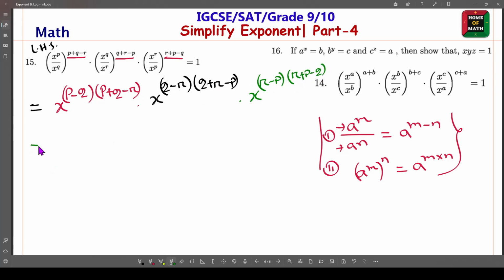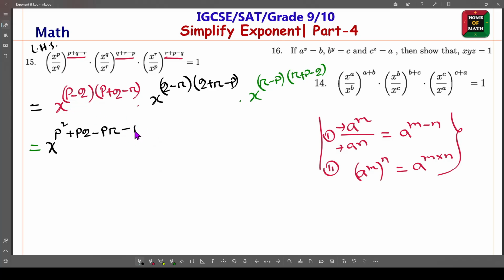Okay. Now we will multiply each other, like x, here is p and p square. Second, plus p times q is pq, then minus pr, then this is minus, therefore everything will be changed.